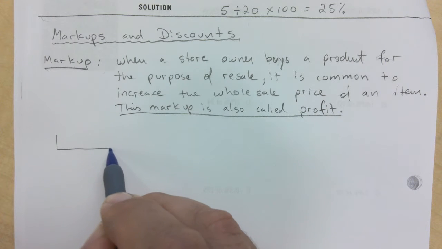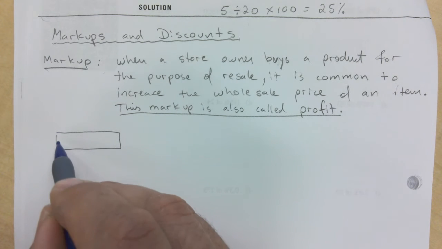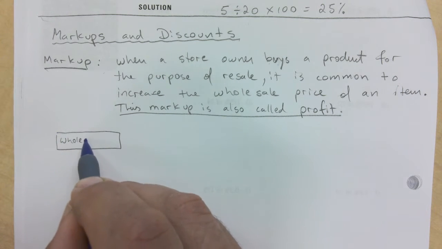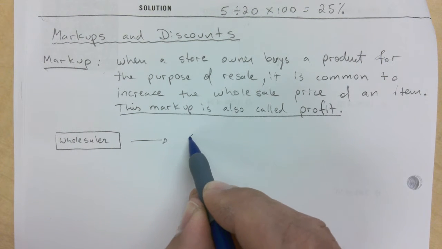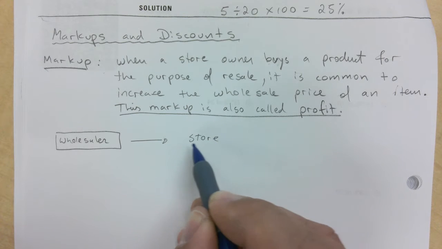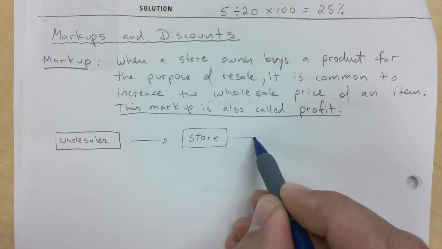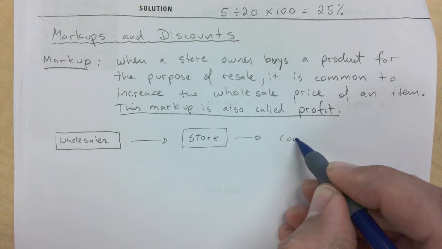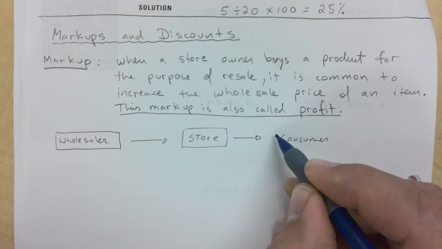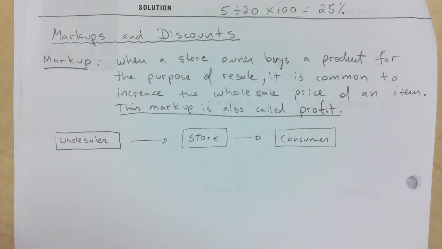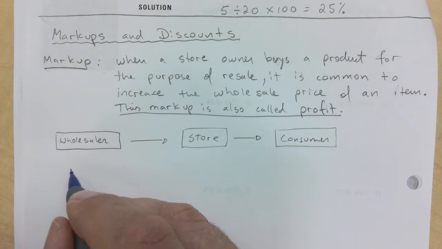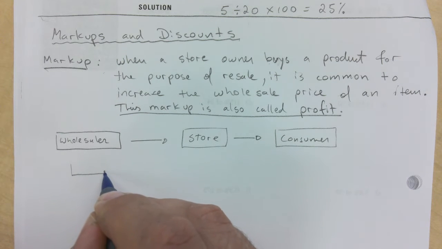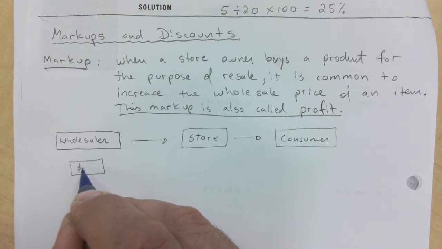So you have the wholesaler that brings it to the store, and after the store, it goes to the consumer. Let's say we're talking about a specific item worth 10 bucks.